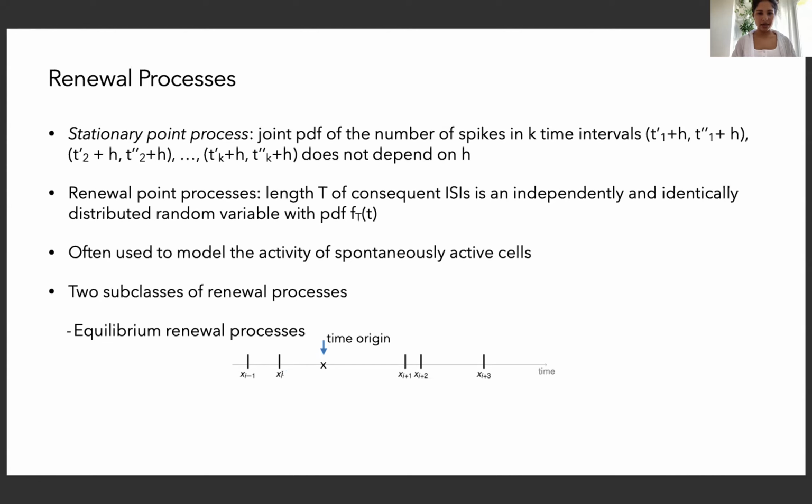So say xi here is the spiking event, but the origin starts at a random time that is unrelated to the spike times. This is termed the equilibrium renewal process, as opposed to the ordinary renewal process, in which the origin time coincides with a spiking event. So these are the 2 important subclasses of renewal processes. We're going to focus on the equilibrium renewal process, and why I'm going to get to that in a minute.